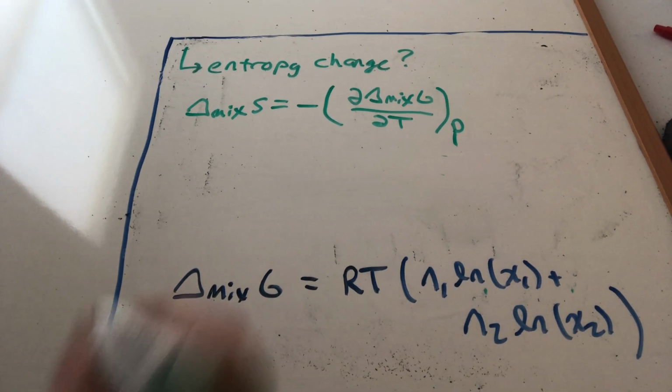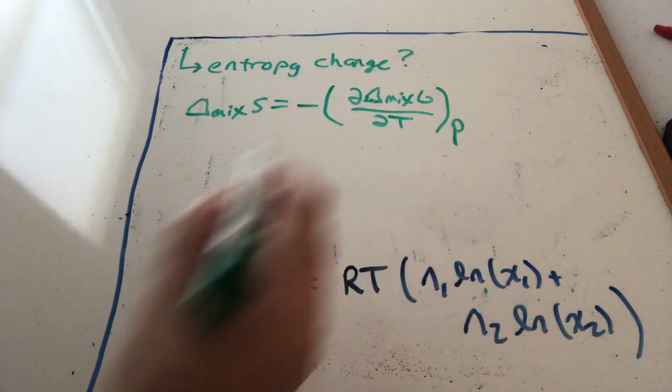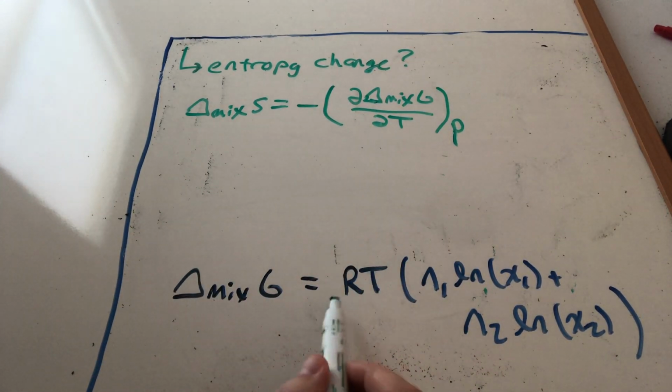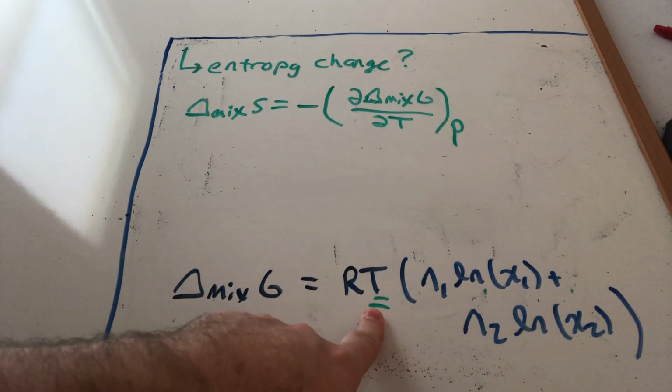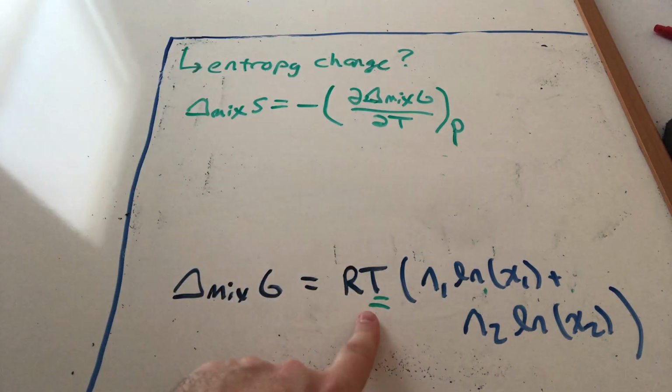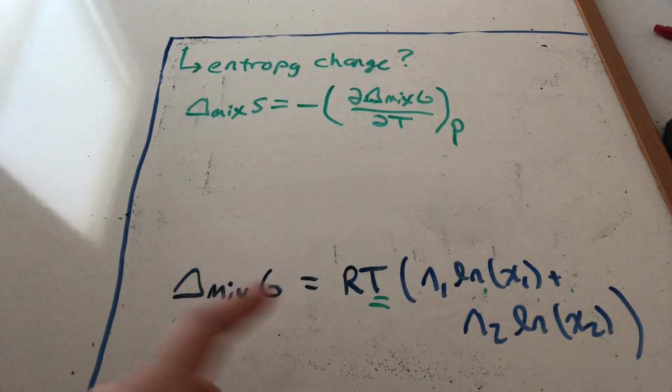So hopefully you can see the math is pretty straightforward. It's a partial derivative with respect to temperature. I look down here, and the only really temperature dependent thing that we have here is T itself. So when I take this derivative, the T is just going to go away.